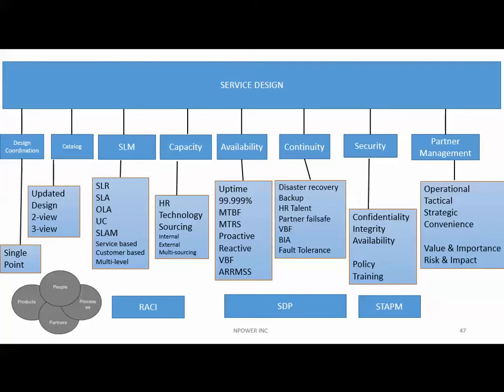The other thing about continuity planning is regarding having a site. Let's say we create a continuity plan. We can either say we're not going to have one, and if this fails, it fails, too bad for the customer.